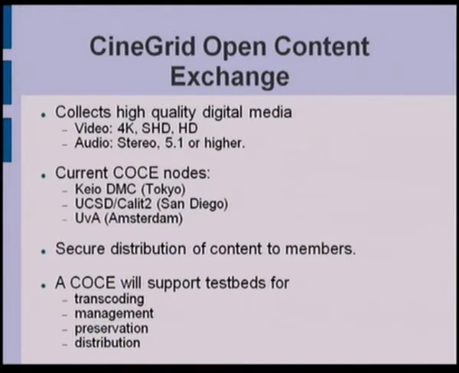Stereo, 5.1 sound, 7.1 sound, and much higher. There are a couple of nodes in the world. One is in Tokyo. The other one is in San Diego, and we at the UVA have one node.